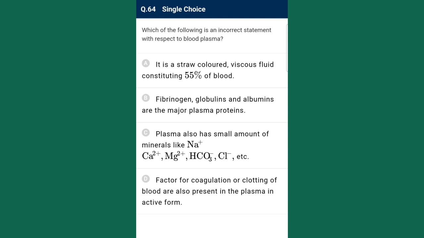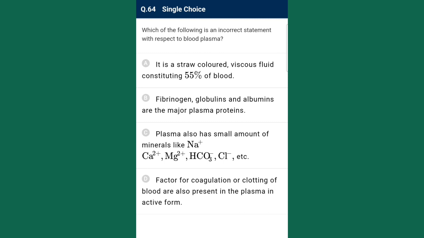It mainly constitutes the following: proteins, nutrients, excretory substances, secretions, inorganic salts, gases. The clotting or coagulation is a process that occurs at the site of an injured blood vessel in which blood changes into a thick jelly-like lump at the injured site to prevent further loss of blood or hemorrhage.